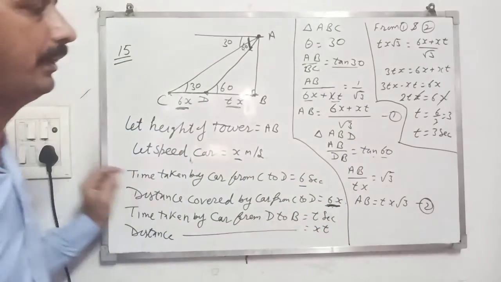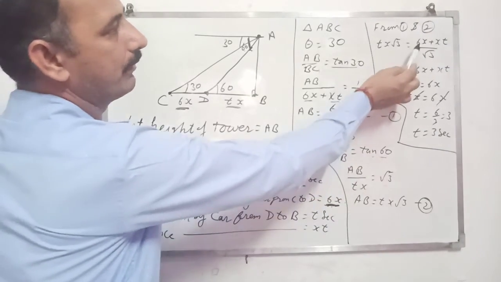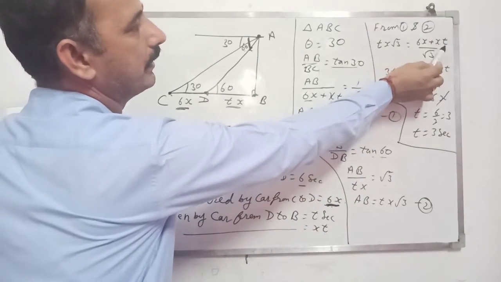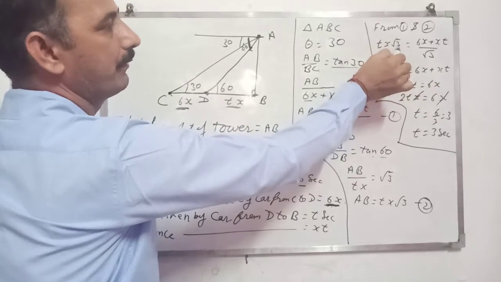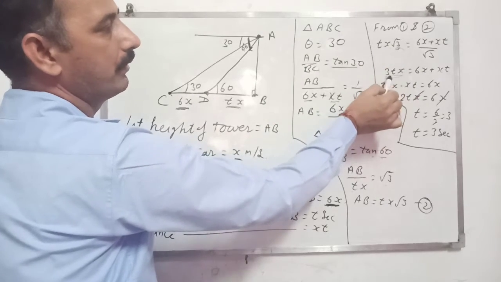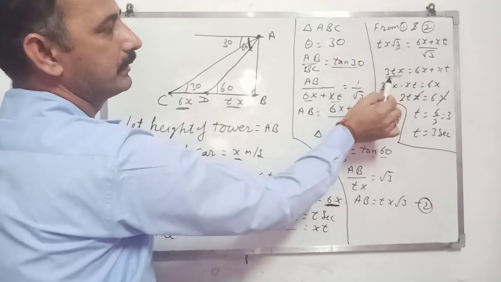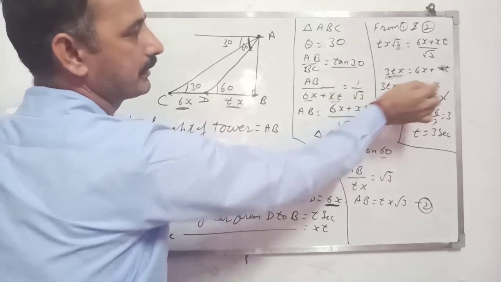From equations 1 and 2, tx root 3 equal to (6x plus xt) upon root 3. Now root 3 is multiplied across, root 3 times root 3 becomes 3, so it becomes 3tx equal to 6x plus xt.